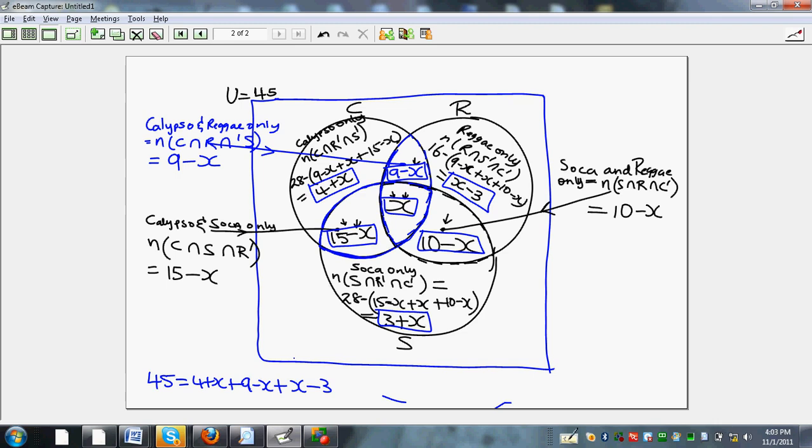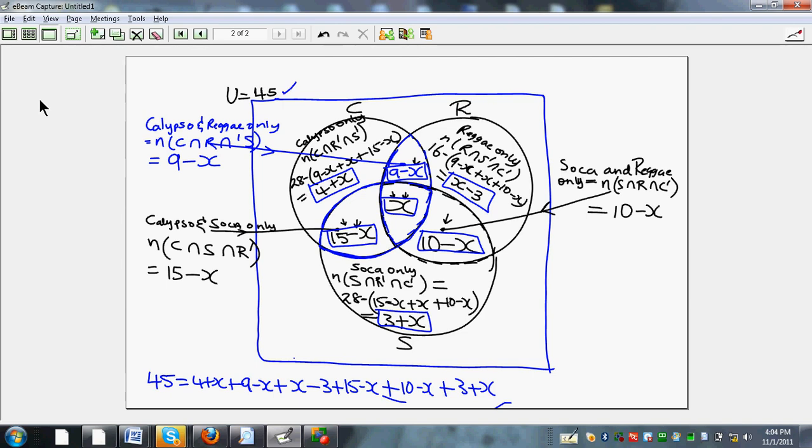Right, so we did all this here, then we come down, plus 15 minus x plus 10 minus x plus 3 plus x. Okay, so what we said is this 45 here would be equal to all of the areas added up.